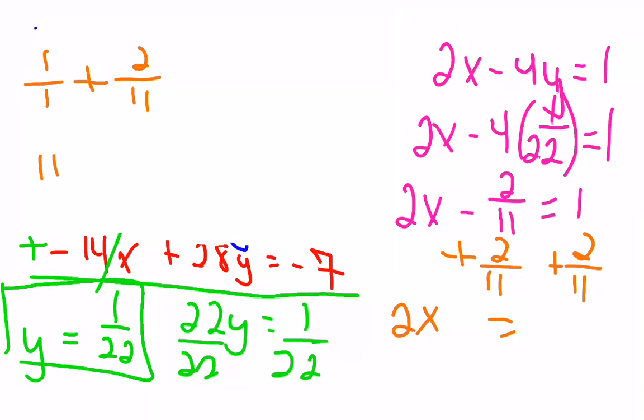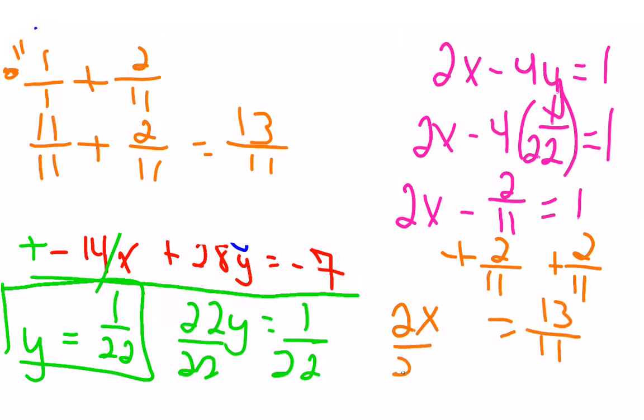Means we need a common denominator of 11. And the second one is already there, but this one we have to multiply times 11. And so 1 times 11 is 11. Then we add the numerators and keep the denominators, so 11 plus 2 is 13.